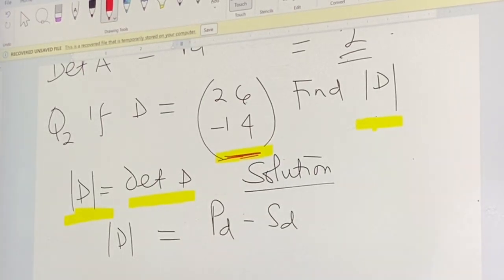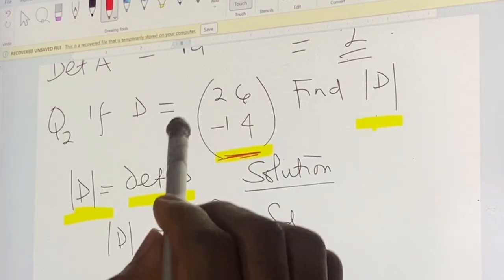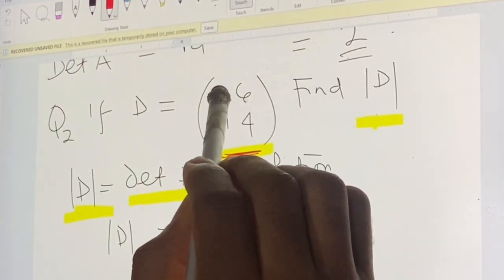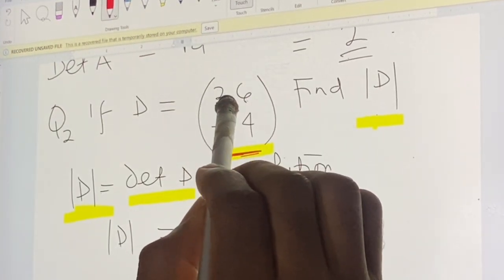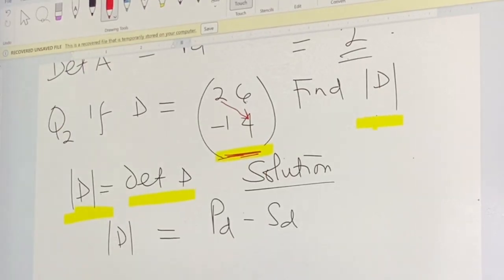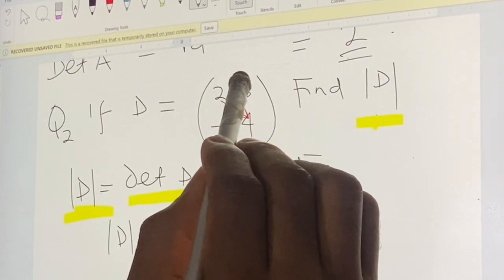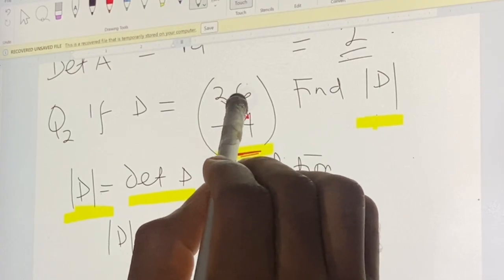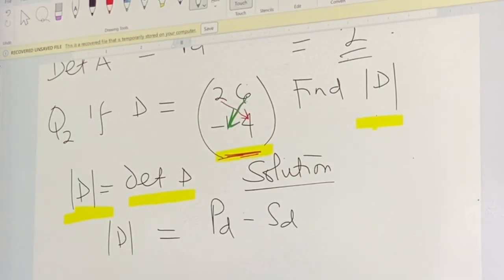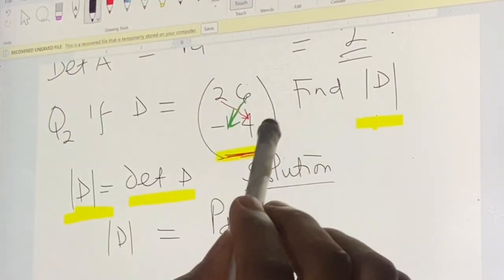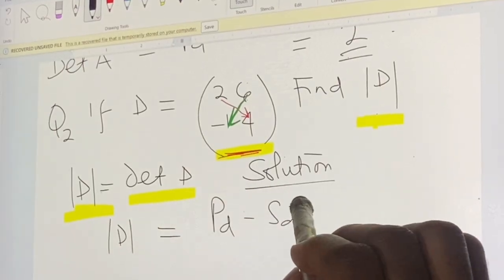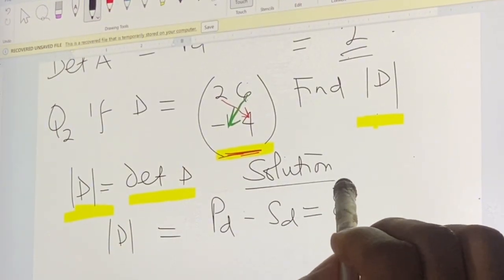Now let's find the primary diagonal. When you multiply the first number here with this one here, we have the primary diagonal. When you multiply this second number, that is this 6, with this one here, we have the secondary diagonal. So 2 times 4 gives the primary diagonal, which is 8.